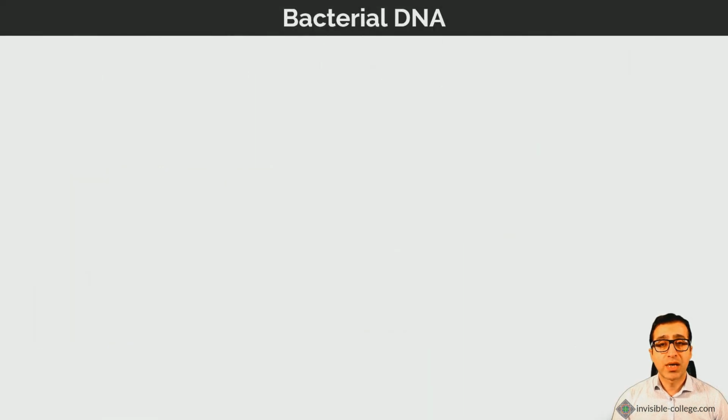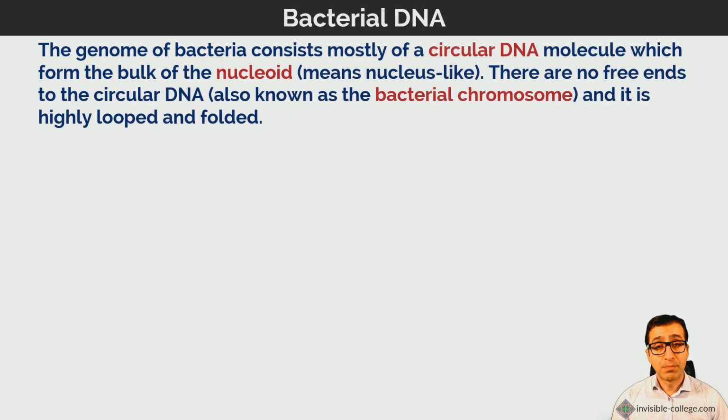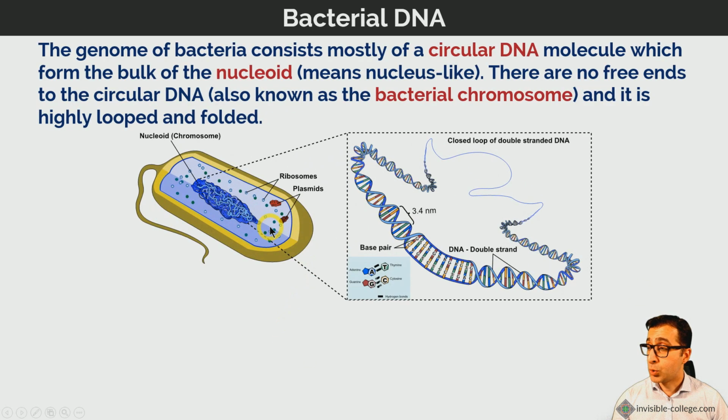So let's take a closer look at the bacterial DNA and its organization. Now, the genome of bacteria consists mostly of a single circular DNA molecule, and this forms the bulk of a region of the cytoplasm called the nucleoid. Again, bacteria don't have internal membrane-bound organelles like nuclei to enclose the genetic material, but this single loop of DNA lies in the cytoplasm.